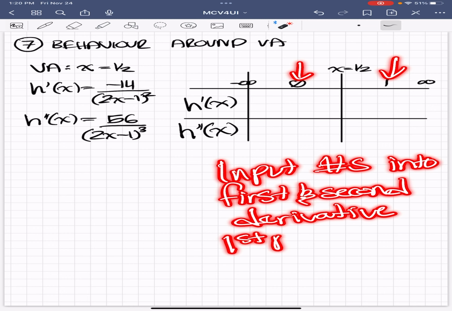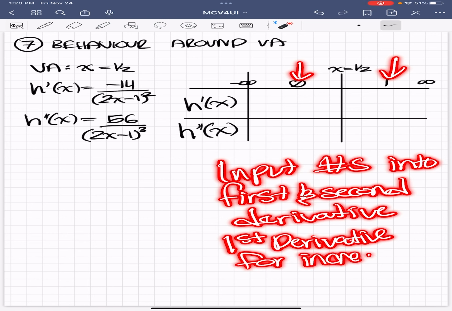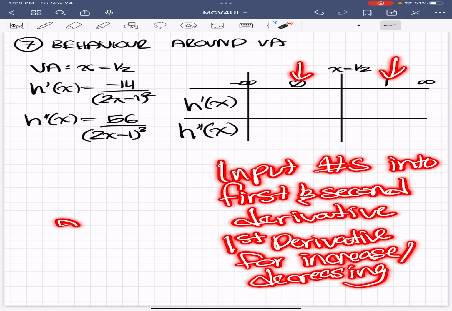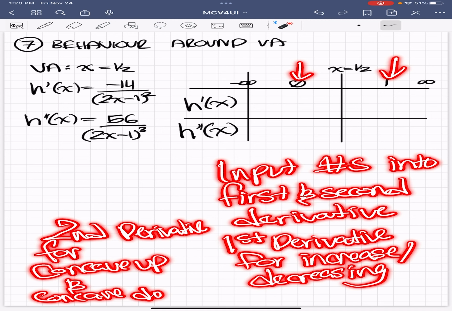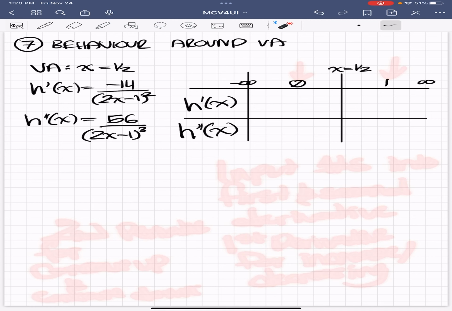First derivative for increasing or decreasing. Second derivative for concave up and concave down, or for concavity.